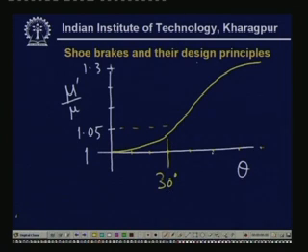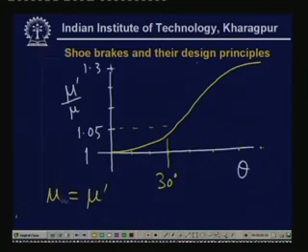As a thumb rule, if 2 theta, that is the angle of contact of the shoe and the drum, is less than 60 degrees, then we can take mu to be equal to mu prime, and we can say that the force is entirely concentrated.